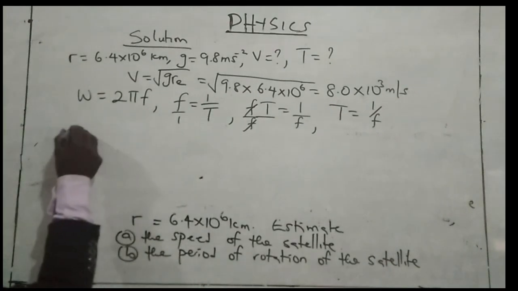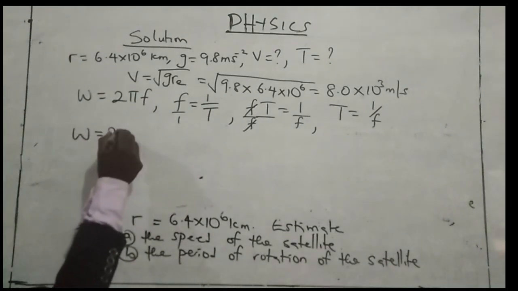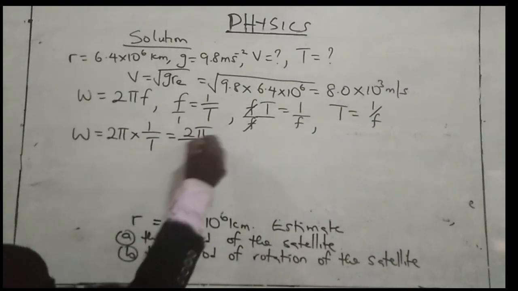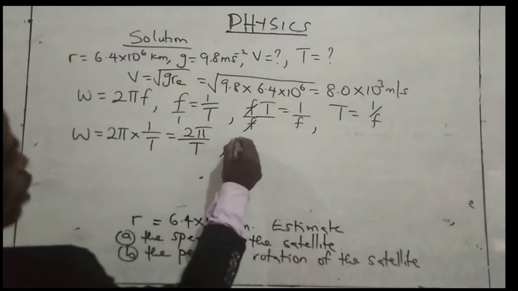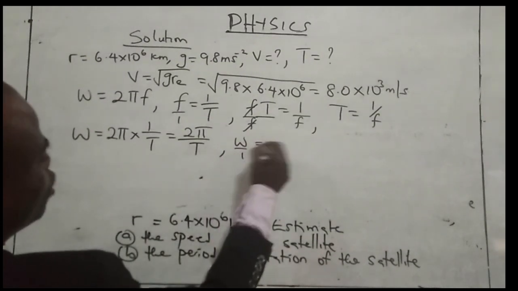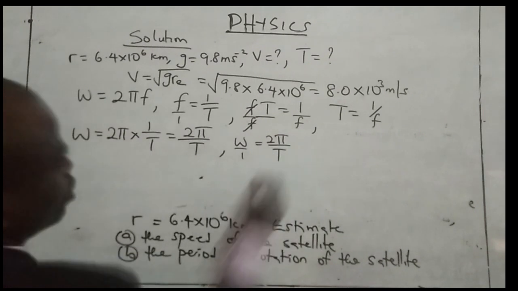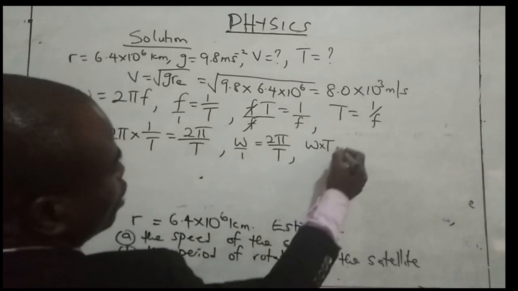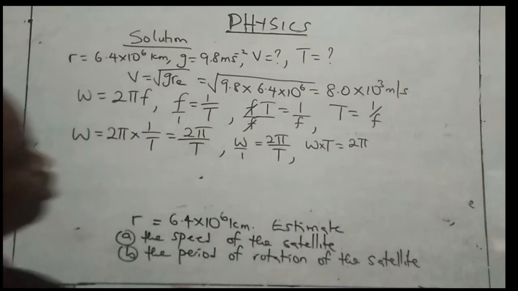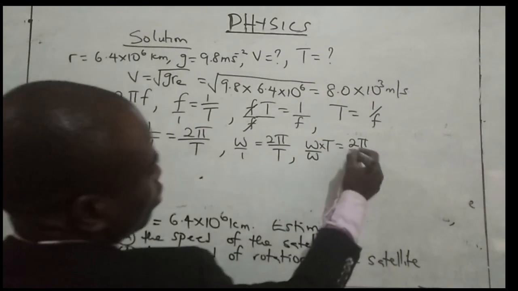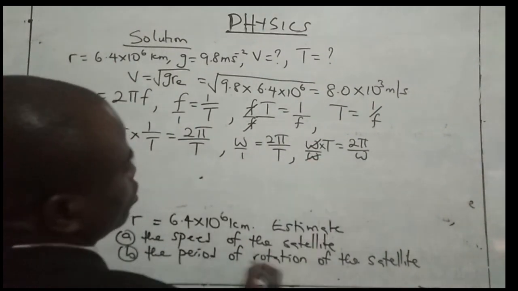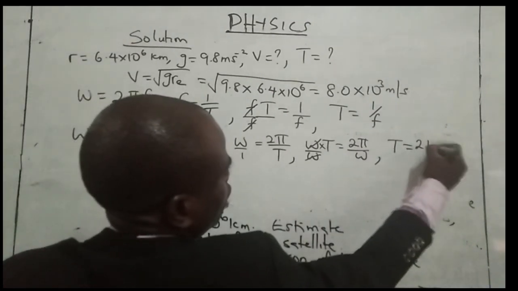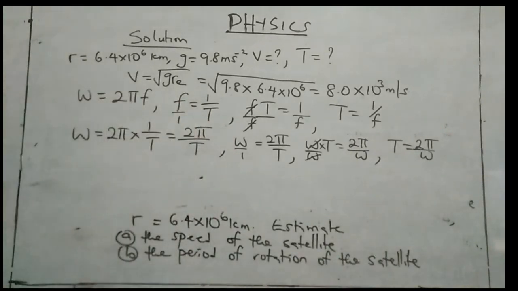You make your substitution: angular velocity equals 2 pi times 1 over T, which is 2 pi over T. When you cross multiply, you have omega times T equals 2 pi. To look for the period, divide by angular velocity. Now you have T equals 2 pi over angular velocity.